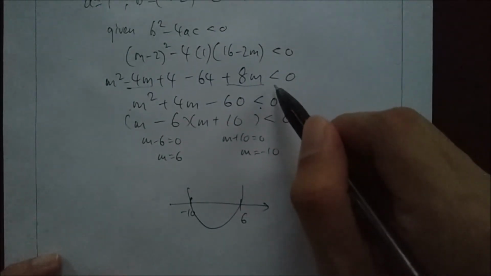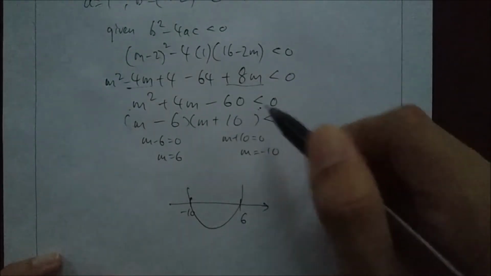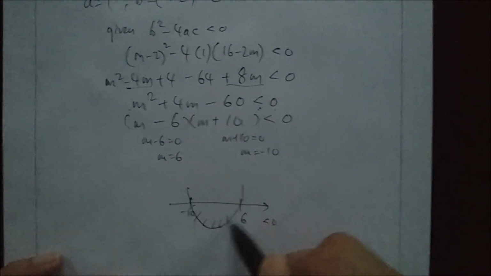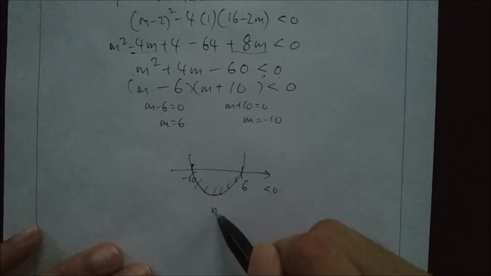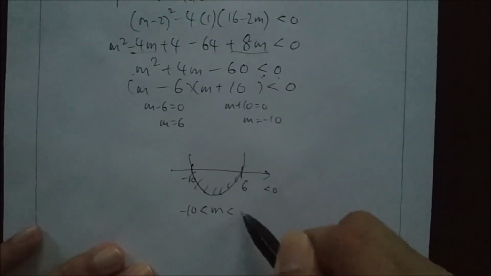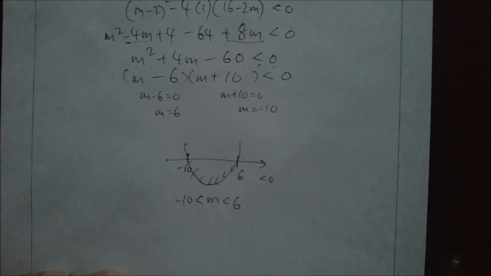Since this is less than 0, we are looking at the lower part here, this line. Means m is in between negative 10 and 6. So m is greater than negative 10 and less than 6.